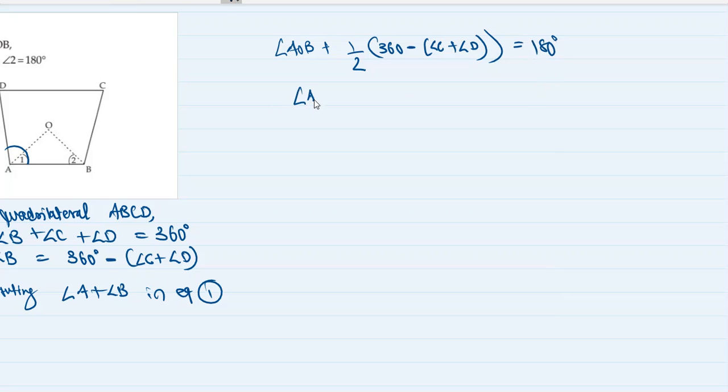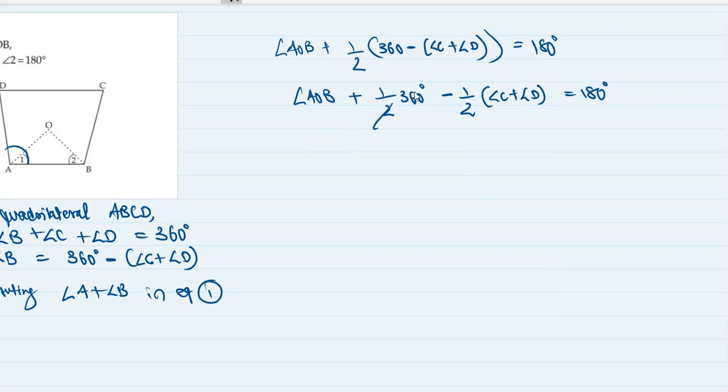Okay, so angle AOB plus half of 360 degree minus half of angle C plus angle D is equal to 180 degree. Did you understand what did I do? So I multiplied this half with both the terms.